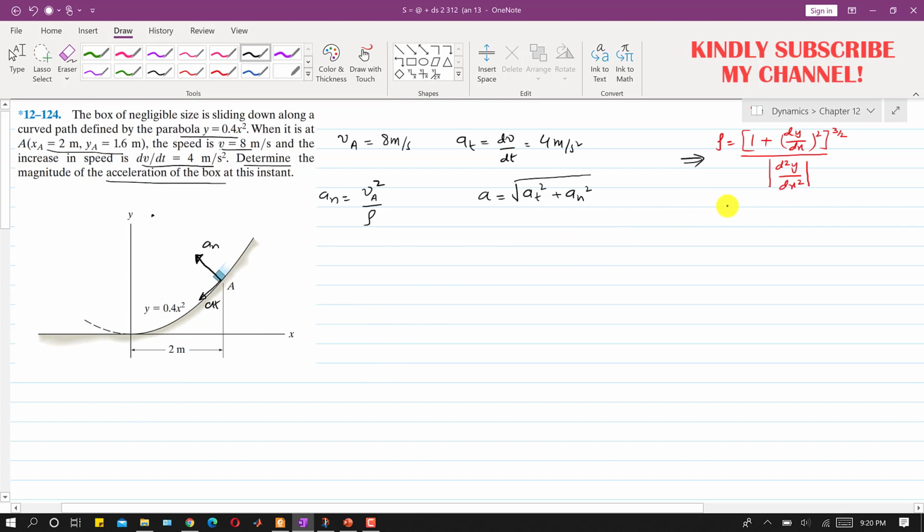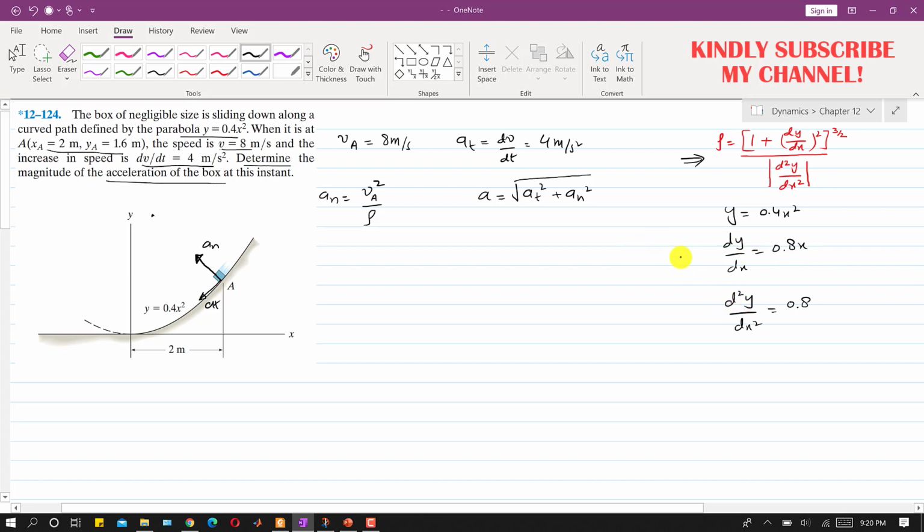So now we can write that y equals 0.4x square. The first derivative dy by dx will be 2 times 0.4, so that will be 0.8x. Similarly, if we take the second derivative, d square y by dx square will be equal to 0.8.